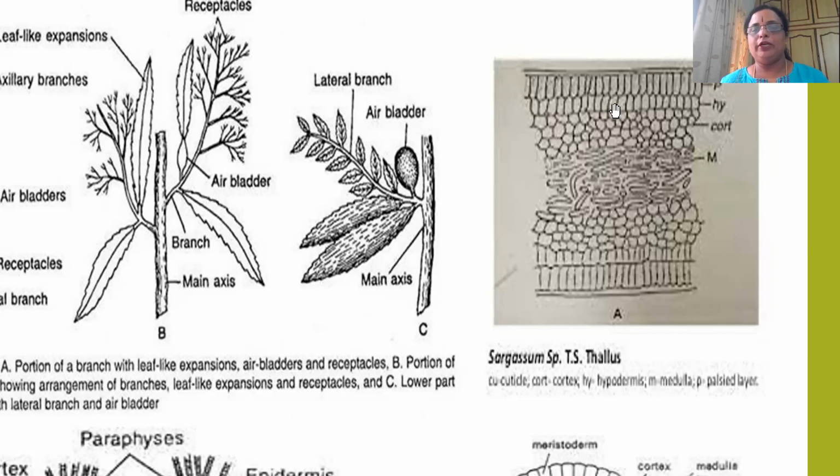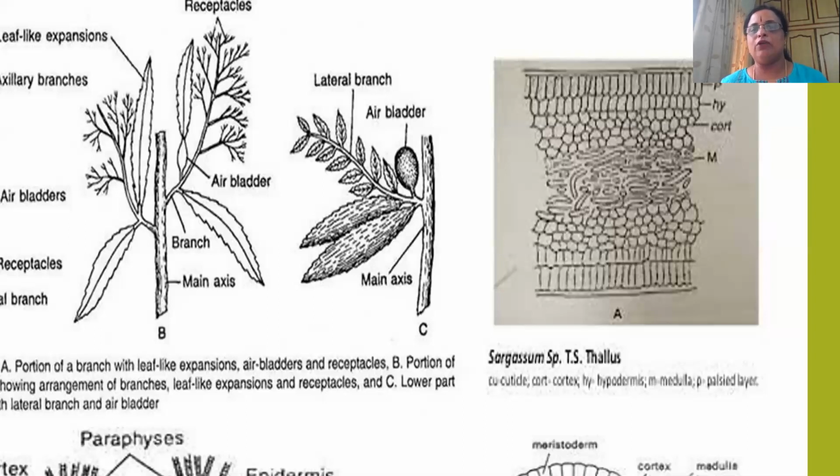And you have a hypodermal region. You can see the hypodermal region. The hypodermal region is made up of elongated cells. See, these are elongated cells. These hypodermal cells are palisade-like cells. The main function of these hypodermal cells is photosynthesis.